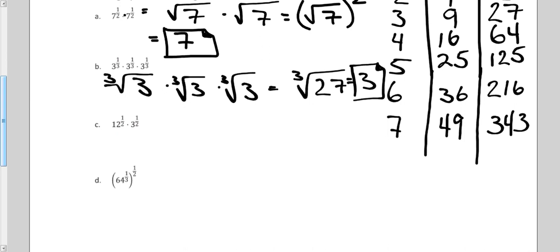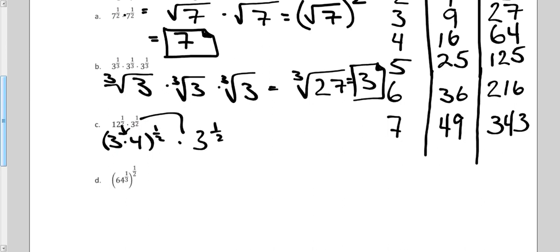But can I do this? 12 to the 1/2 is the same as saying, can I say 12 to the 1/2 is that? I can do that, right, Jeff? And then I can't forget the 3 to the 1/2. So this becomes that. This comes over here.